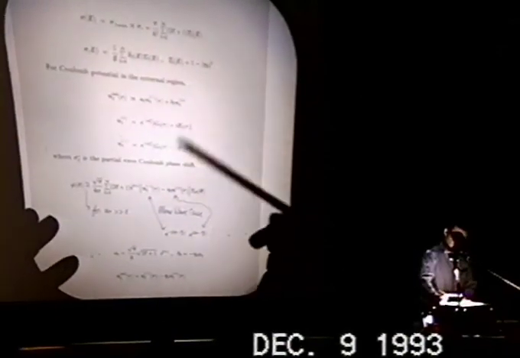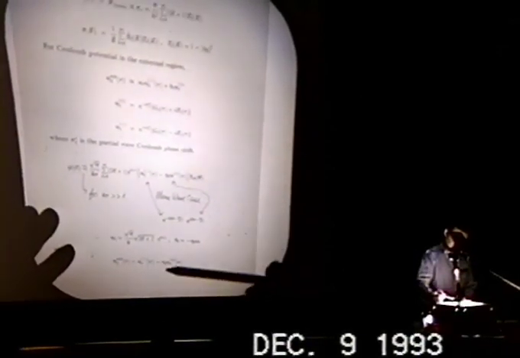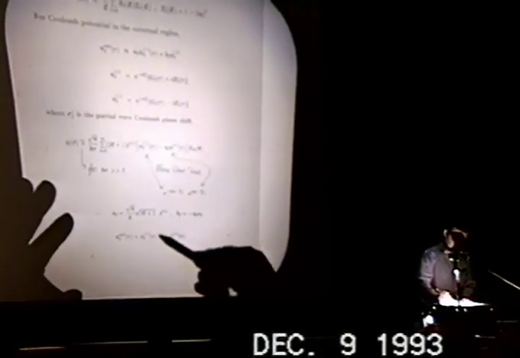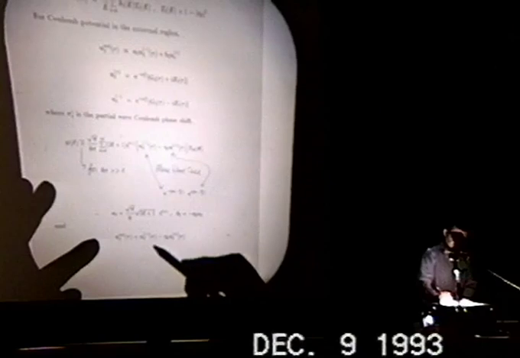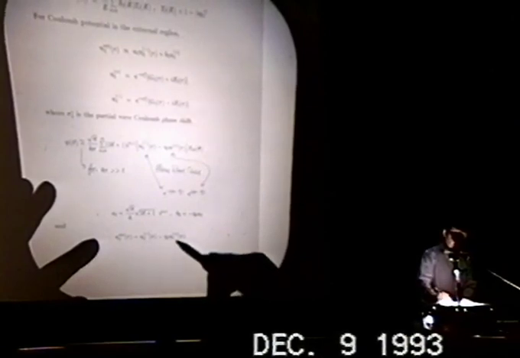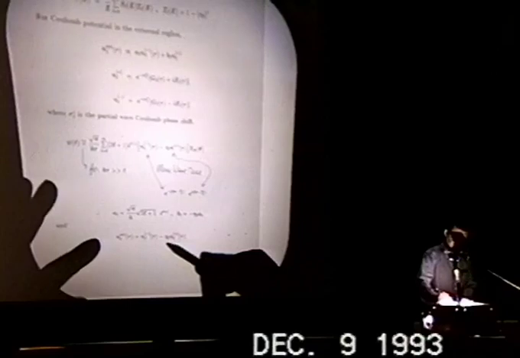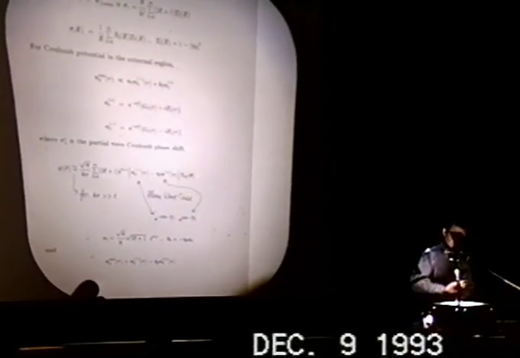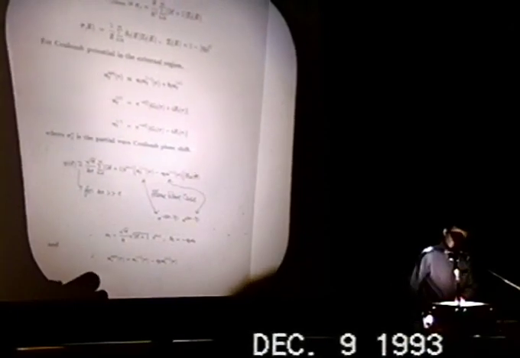And when you do this, normally you can get a solution for the external wave function in terms of incoming wave and outgoing wave, and the S matrix essentially sits right here.